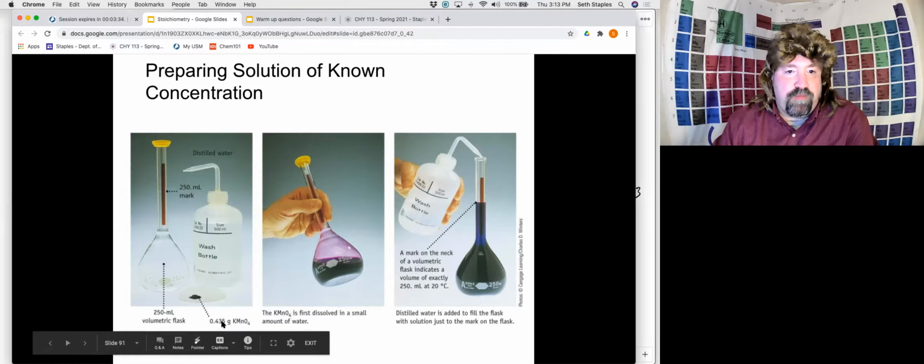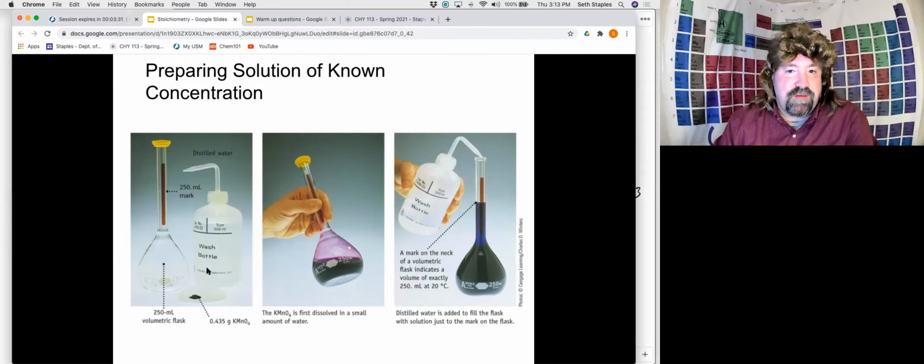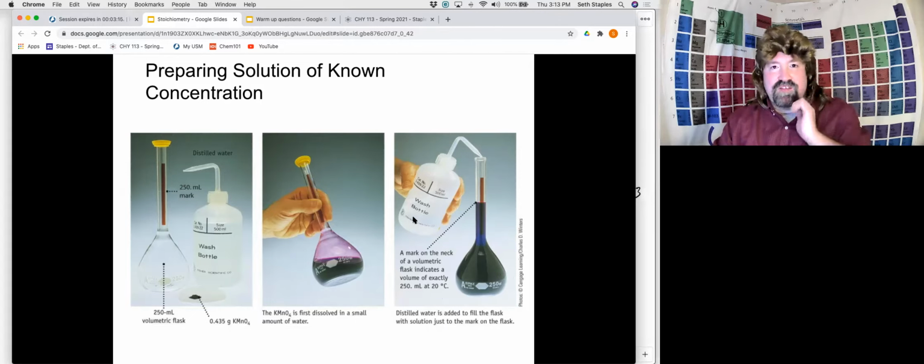We add that 0.435 grams into our volumetric flask. Then quite often we add just a little bit of water, enough to dissolve the substance completely. Once it is fully dissolved, we add enough water up to the mark. We'll quite often use this little squirt bottle, because that allows us to be more precise and add water very slowly until we get right to our mark.